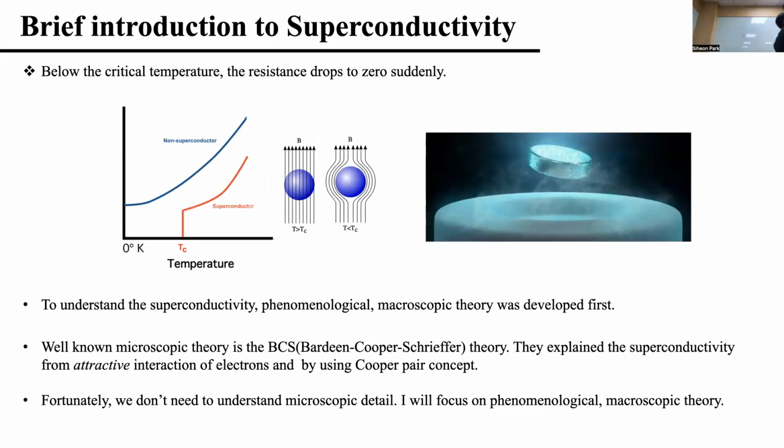In the BCS theory, because of the phonon, electron and electron can have attractive interaction. Exactly, electron and electron can have attractive interaction because of the phonon. I will skip it. That is the very basic idea.